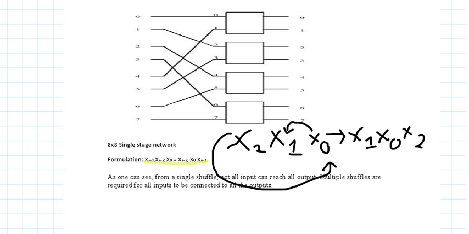Now what is this x_{n-1} up to x_0? This is basically the binary representation of your processor address. Now if you look into this diagram, you have 8 processors in your multiprocessor architecture, and the addresses of the processors are 0 to 7.